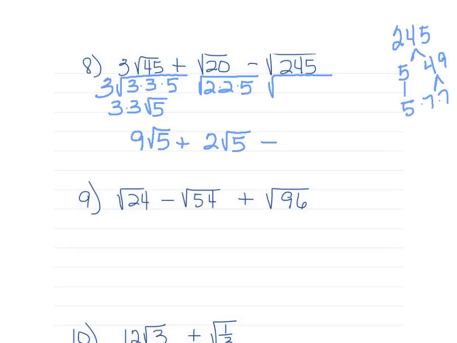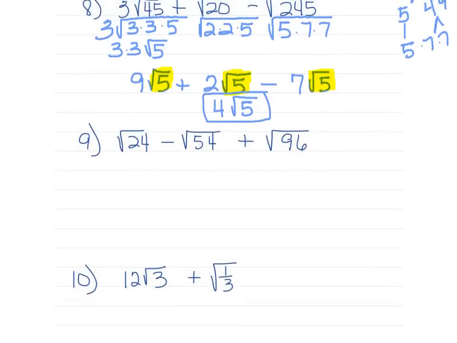So there we go. It's 5 times 7 times 7. I can go ahead and simplify that, pulling out the 7. Then it's minus 7 radical 5 again. Notice that these are all like radicands, and we can go ahead and add them together. And so my answer is 4 radical 5.